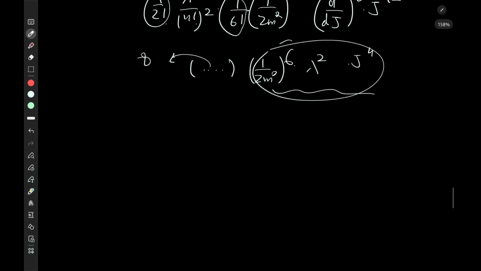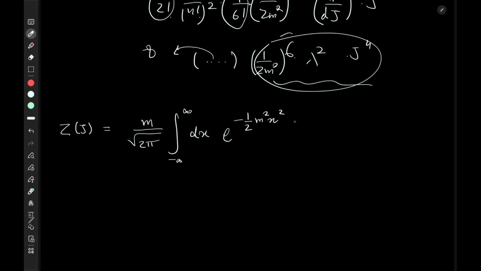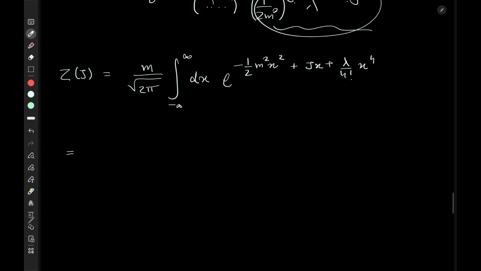Let me just review what we have done till now. We had an integral which I called Z of J, which was this, minus half m square x squared plus Jx plus lambda over 4 factorial x to the power 4, and we have claimed that this can be written as a sum over various diagrams.